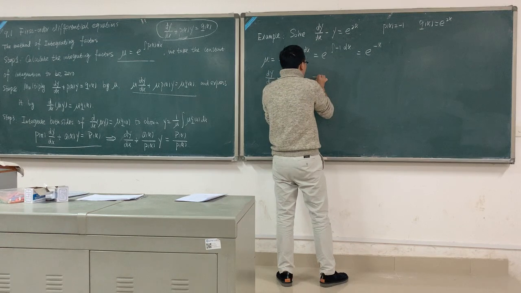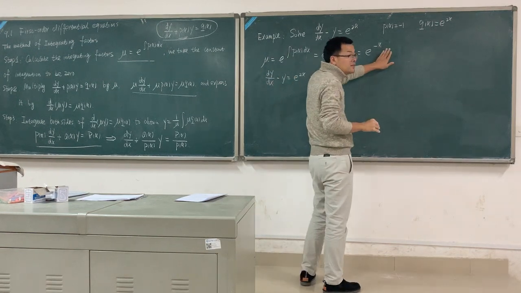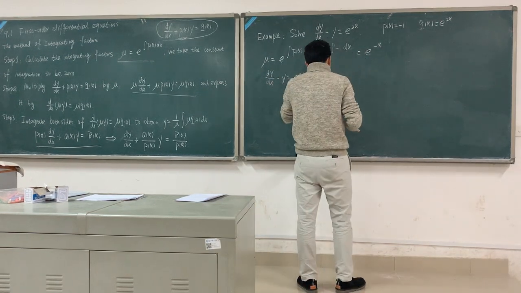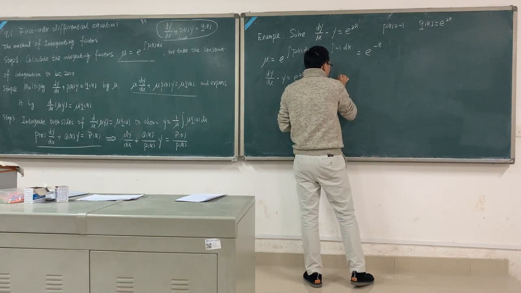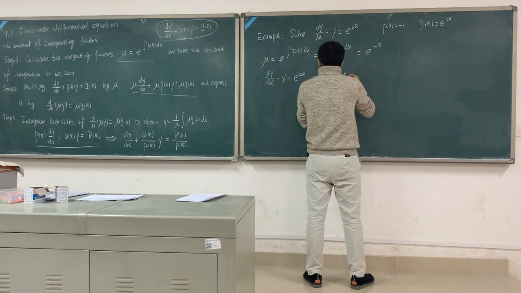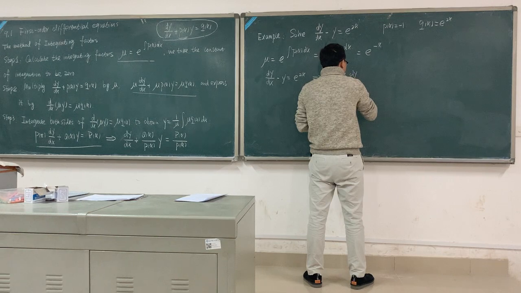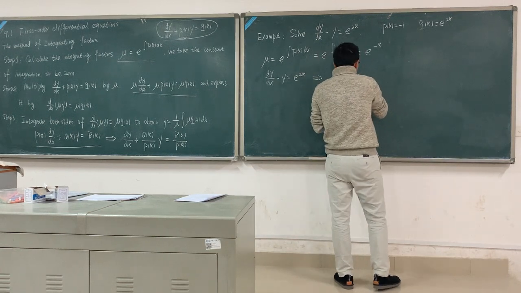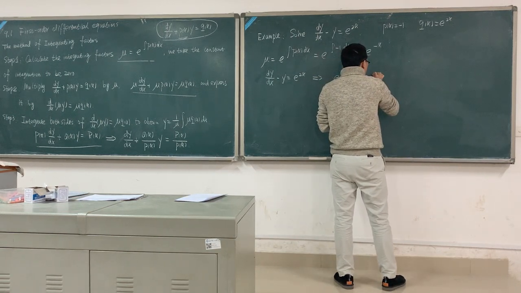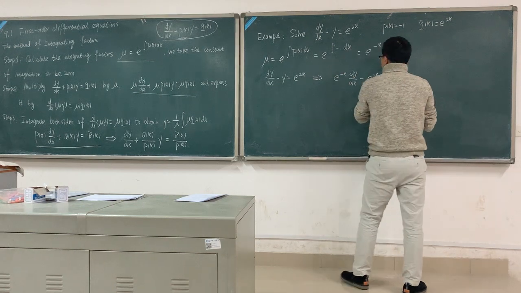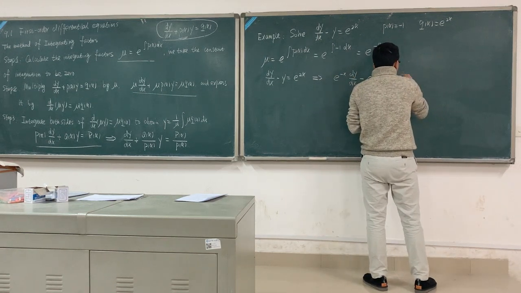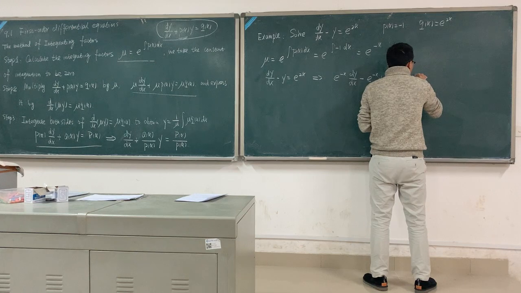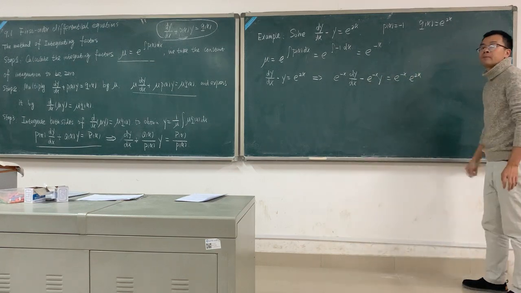We multiply by e to the minus x on both sides. So here is e to the minus x times dy/dx minus e to the minus x times y, equal to e to the minus x times e to the 2x.